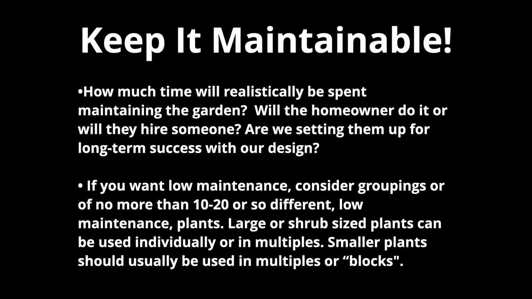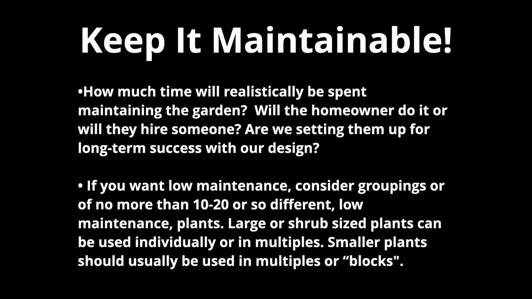The 10 to 20 number refers to the fact that most of the time when I do a front yard or a backyard landscape design for someone who is just wanting to have a nice garden, what I find is that when I add up the total number of different kinds of plants, so the total number of plant species, combined the different types of small perennial plants, the different types and sizes of shrubs, usually 1 to maybe 2 different species of trees, used as appropriate.